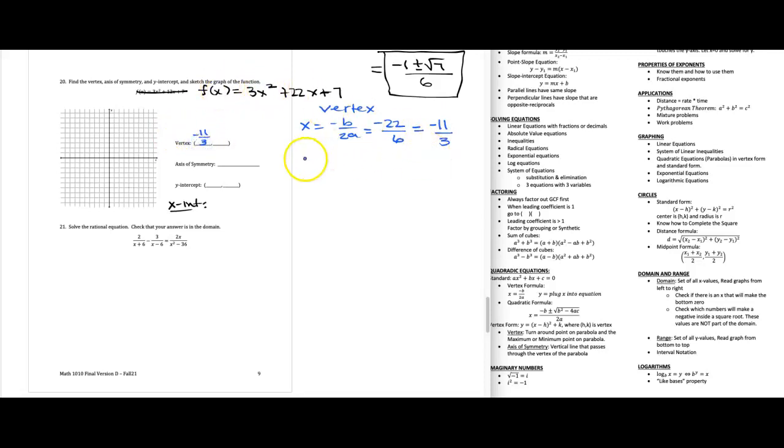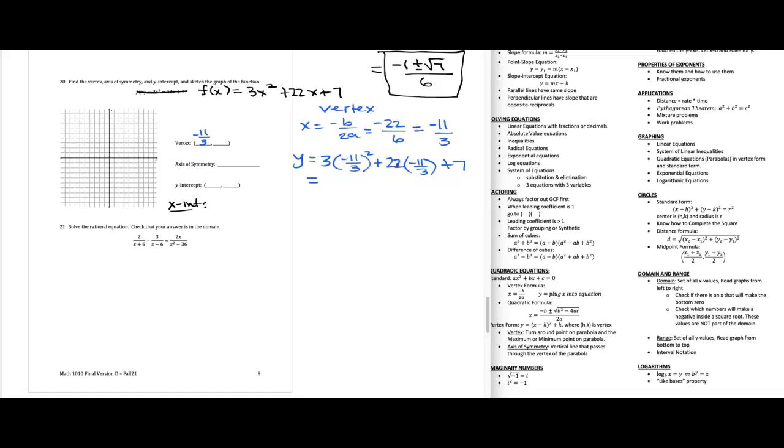Then we just need to find out what y is. I need to put negative 11 thirds in place of x. If you use your calculator, you could put this whole thing in there, as long as you write it out like this and show me what you're putting into your calculator. I'll put it into mine and see what we come up with.